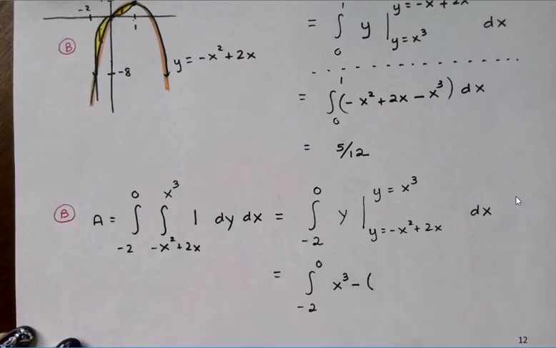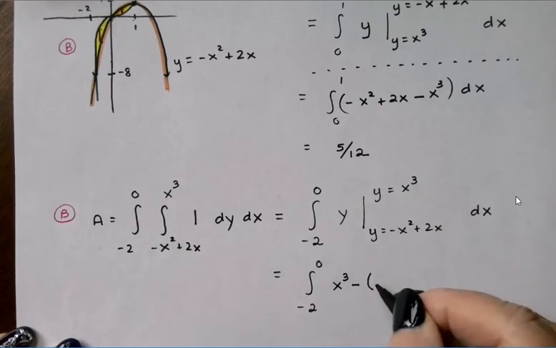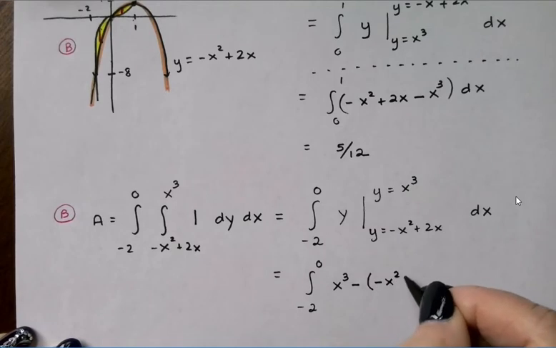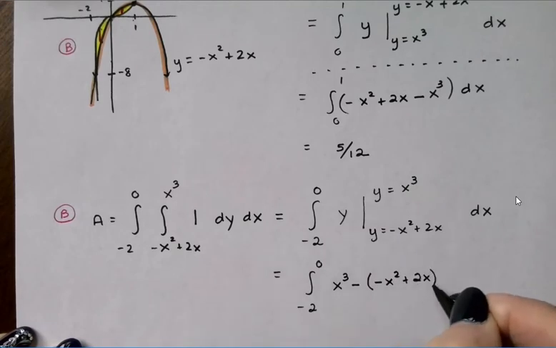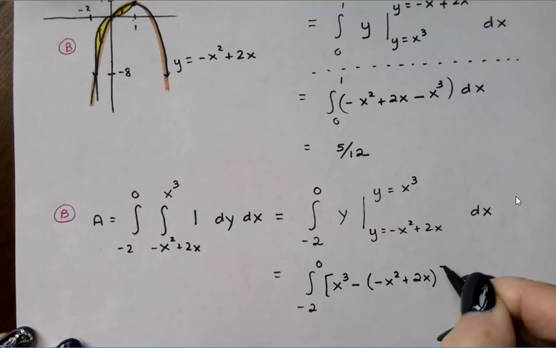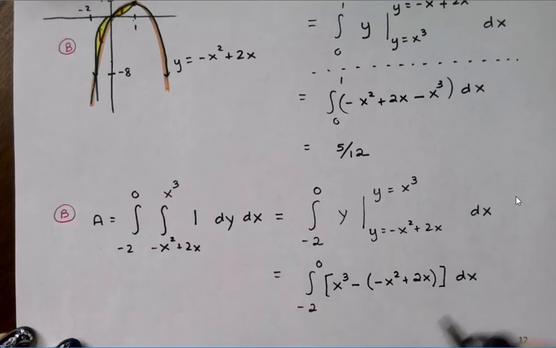Subtract, and make sure you do subtract the whole quantity, -x squared plus 2x. And as long as you include the parentheses, you can type it in just like that, or you can distribute the minus sign first before you type it into your calculator, your choice. When I did that, I ended up with 8/3.